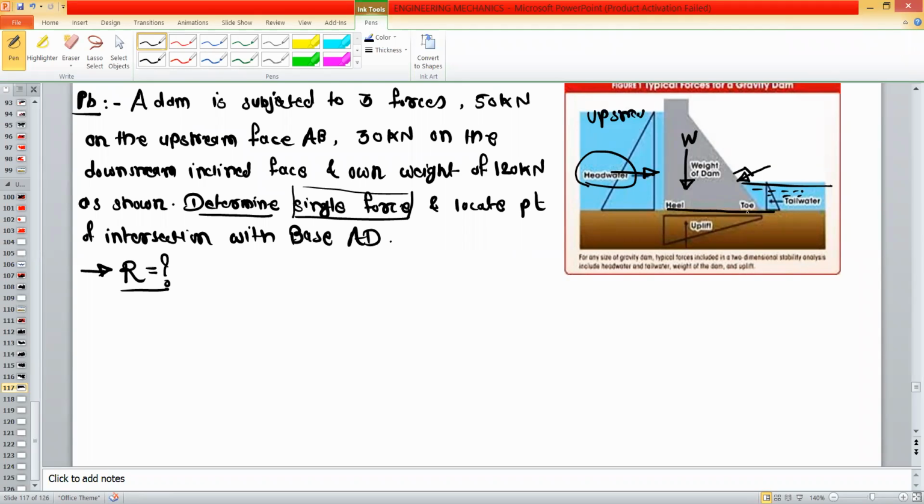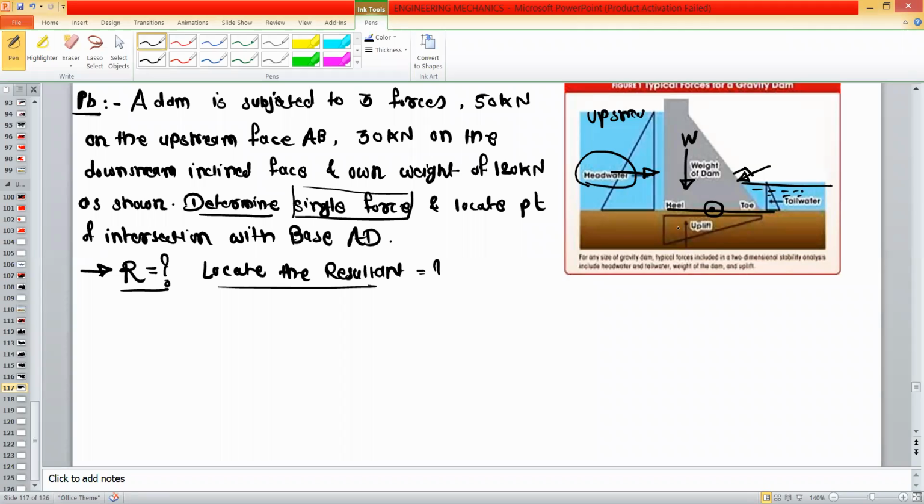On this base, we have to find one point where the resultant will intersect. So this is the second question. I hope this question is clear.